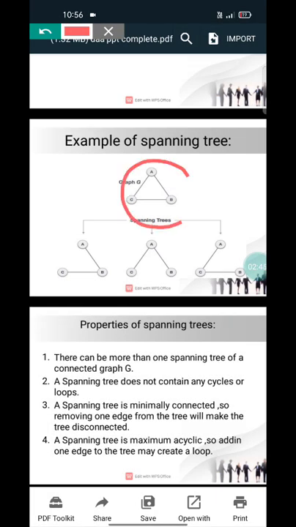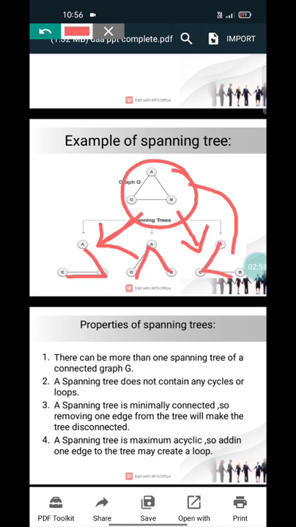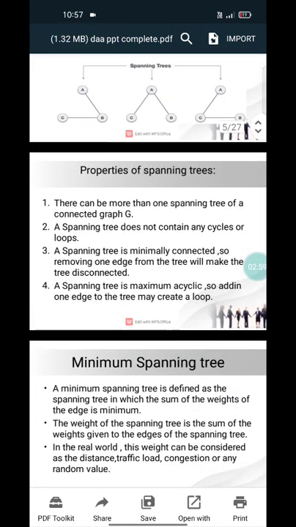So we have three vertices, and in all three spanning trees the edges are only 2. So this satisfies our conditions. So these are called spanning trees.